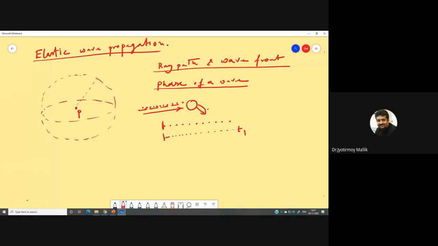At T2, this phenomenon where the particles are coming together, we call it compression, and denote it with the letter C. Then at time T2, while the wave propagates, these particles have gone a little farther than they should be, and the next batch of particles are close to each other.